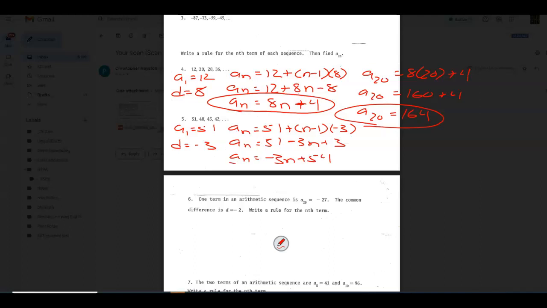That's the general rule. a_20 is going to be negative 3 times 20 plus 54. We get negative 60 plus 54. I'm going to tell you my 20th term is negative 6. And that's your answer.